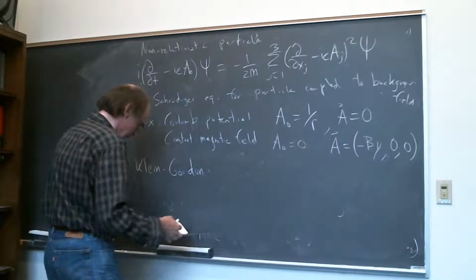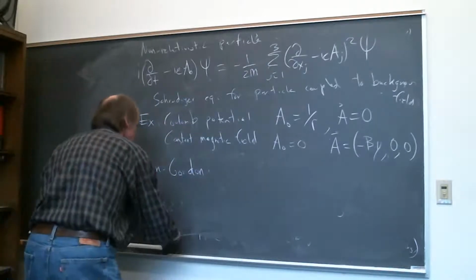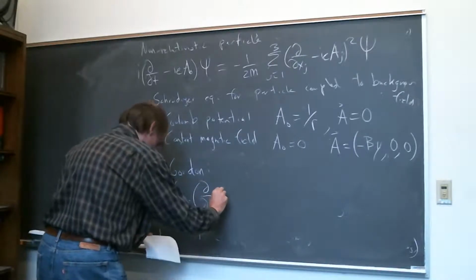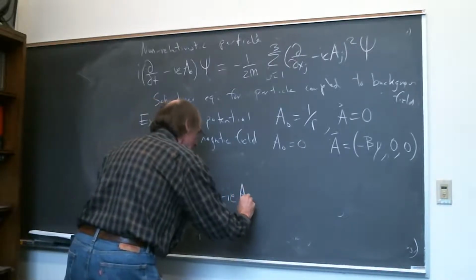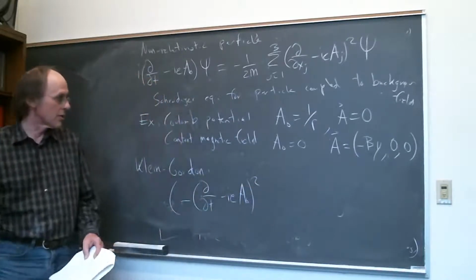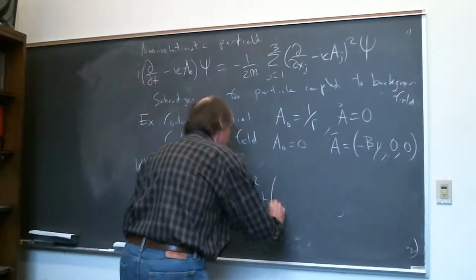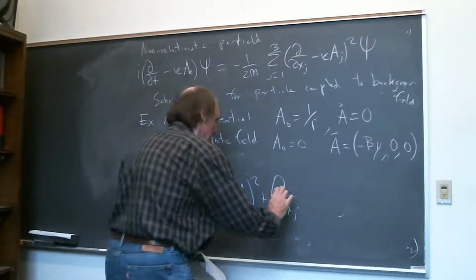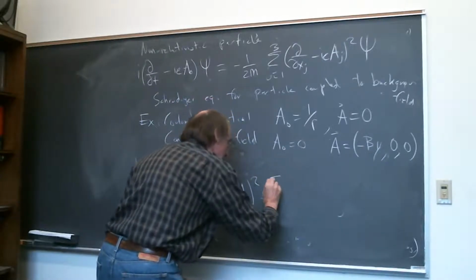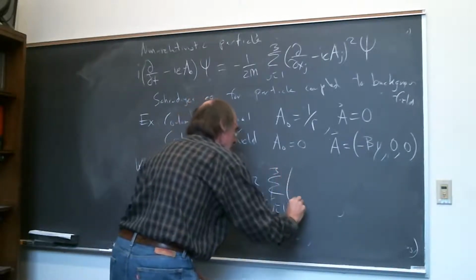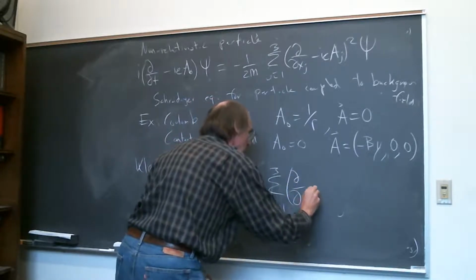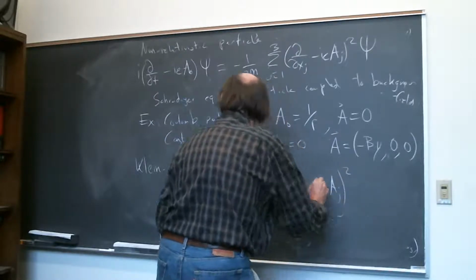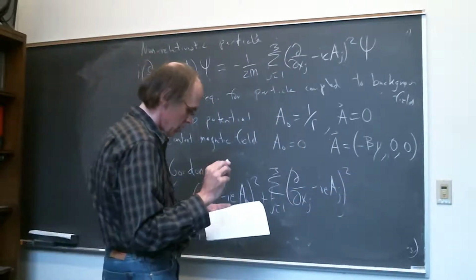You again just write down minus (d/dt minus i e A0) squared, so that you have a d/dt squared term, and then you have the d/dx terms, which is a sum over j of the covariant derivatives squared, minus m squared.